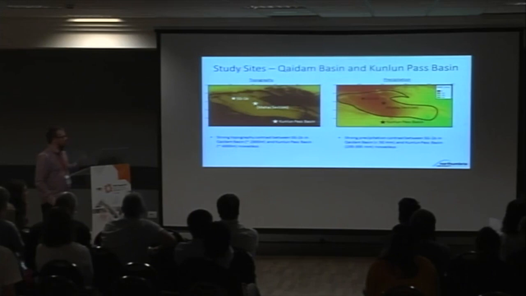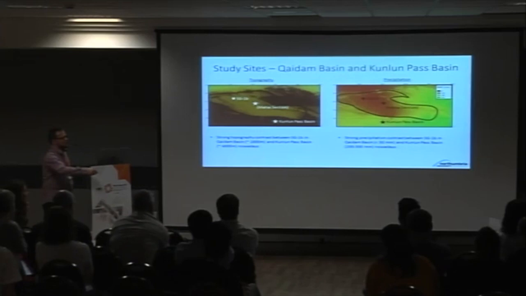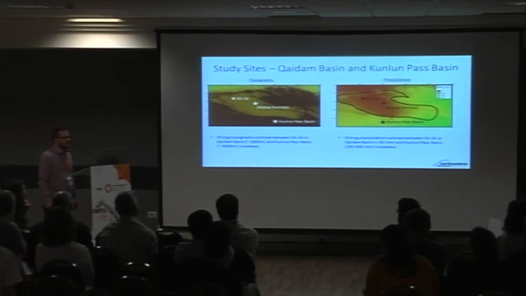In terms of study sites, we chose three sites: the SG1B core in the Qaidam Basin, the Maha section, and the Kunlun Pass Basin. I already have to exclude the Maha section because I had a look at the pollen samples and they do not show any pollen preserved.